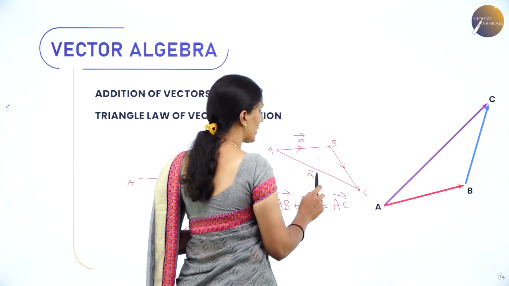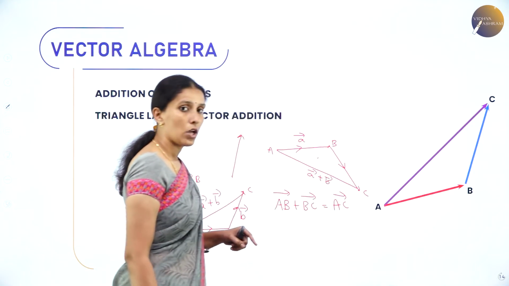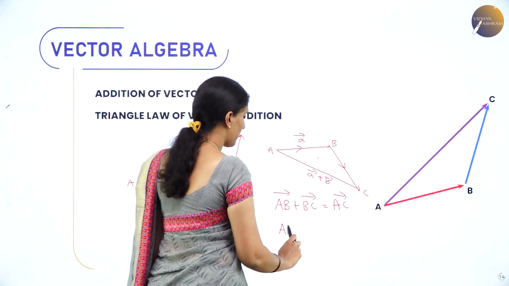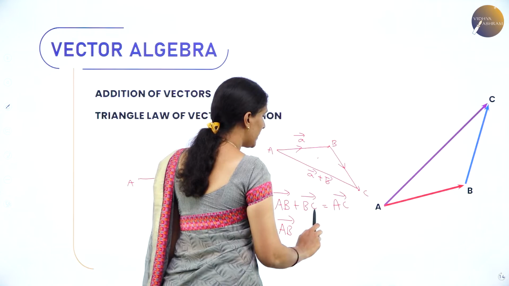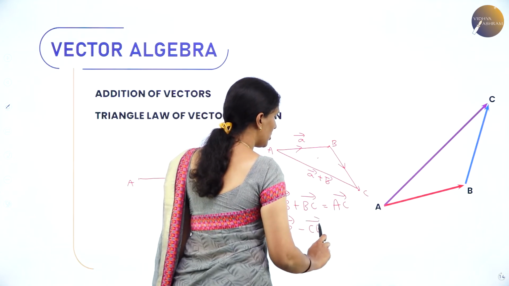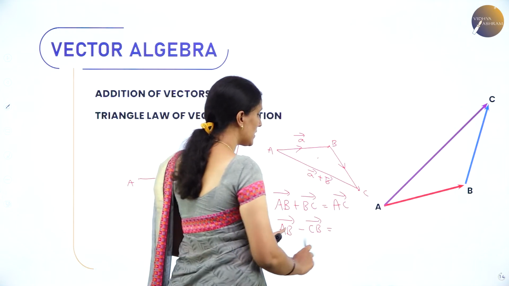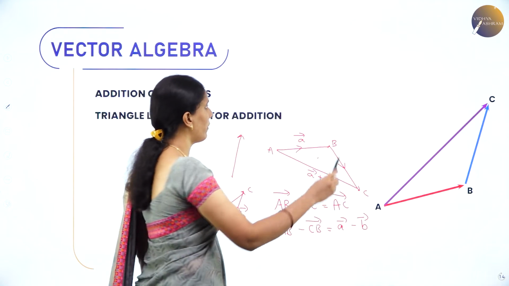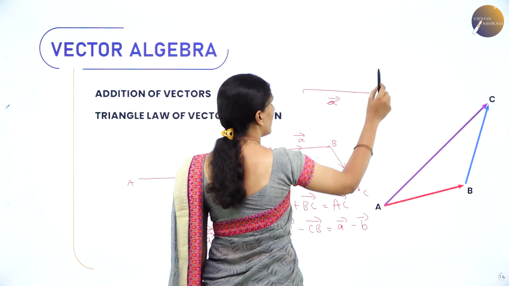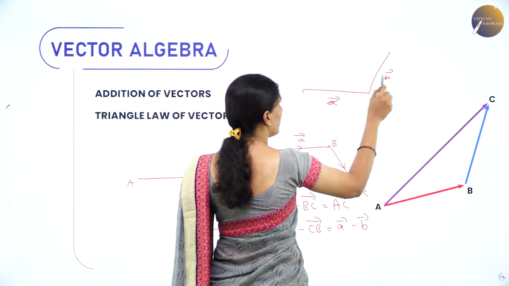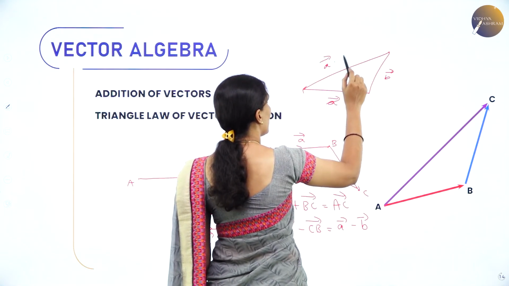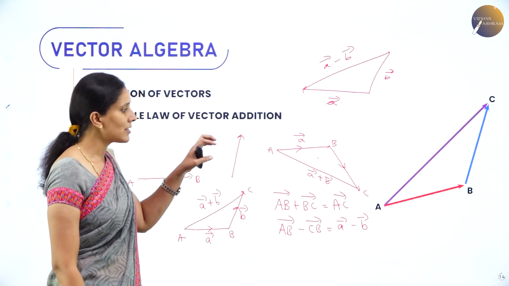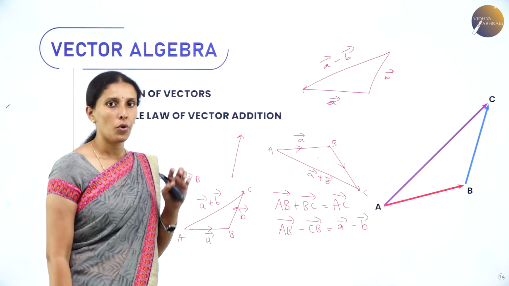So this is also vector A plus B. When I change the sign, BC can be written as minus CB. Changing the direction of the vector, this is nothing but vector A minus vector B. If this is vector A and this is vector B, then this is vector A minus B. This is what the vector property says, and this is the triangular law of addition of vectors.